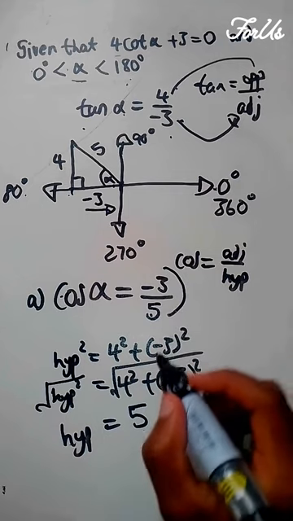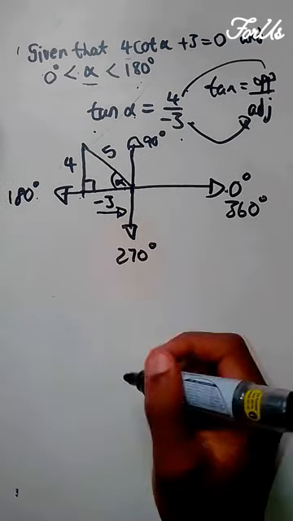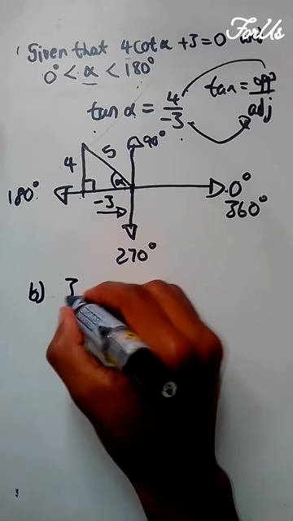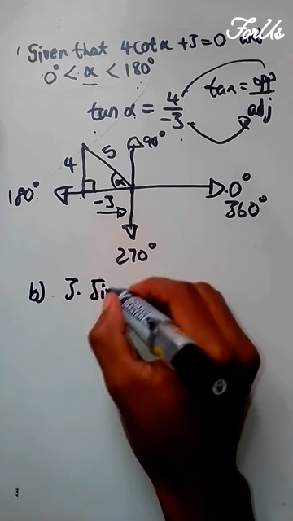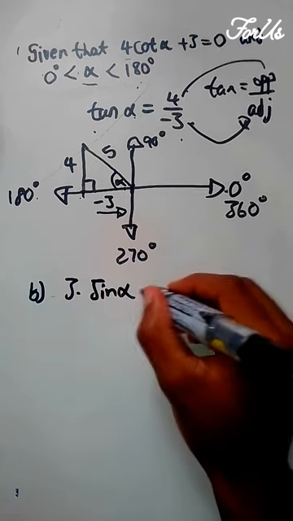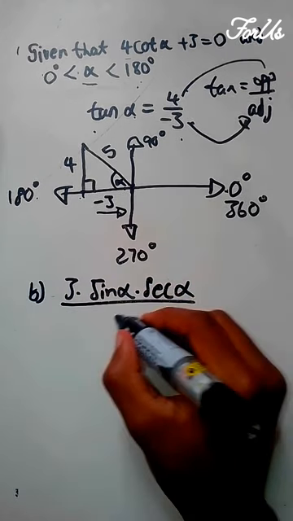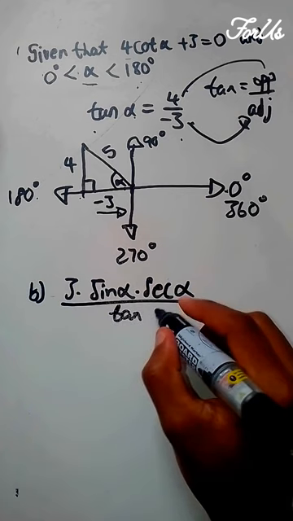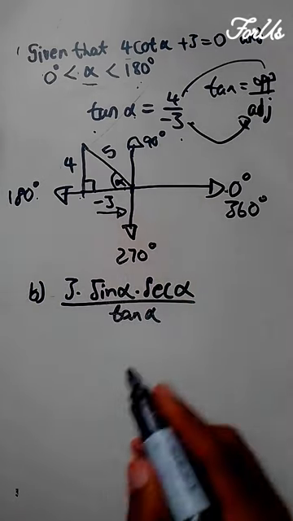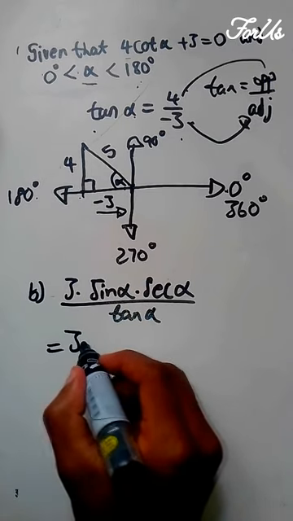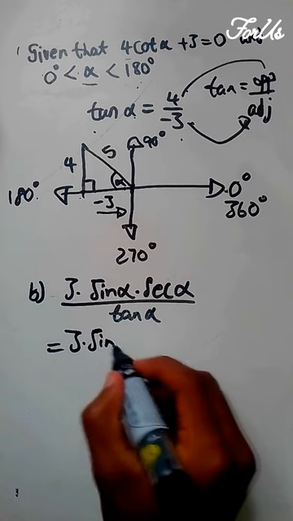Next, let's look at the next question. The next one, which is B, is 3 sine theta sec theta divided by tan theta. Next, we can simplify this expression.